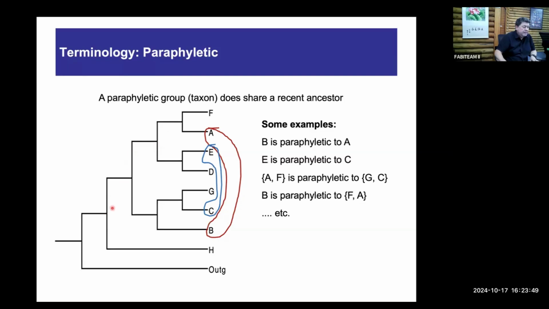So at this point here, this is the hypothetical or inferred ancestor of all of these taxa here. So here, it will be the ancestor based on this phylogenetic tree of F, A, E, D, G, C, B, and H. Cool. Is that okay?